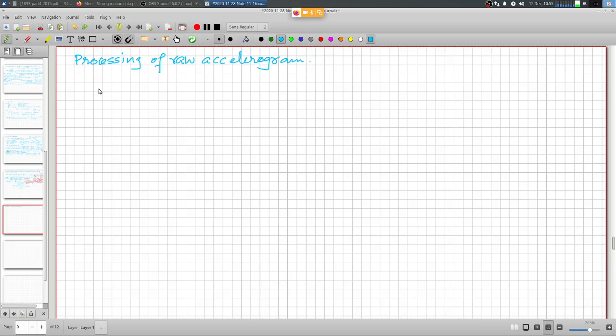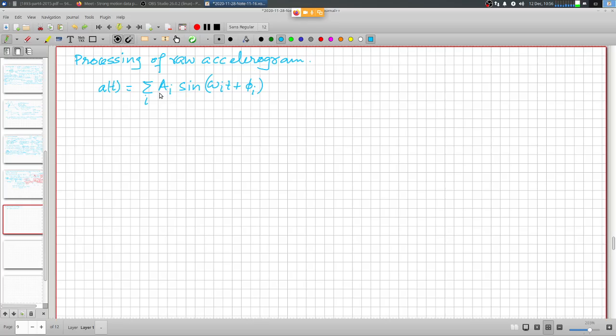Consider a signal. Let us say we have this accelerogram A(t) as a summation of a Fourier series. I can do this either in terms of sine and cosine, or I can just have a sine wave with a phase angle, so that takes care of the cosine component as well.